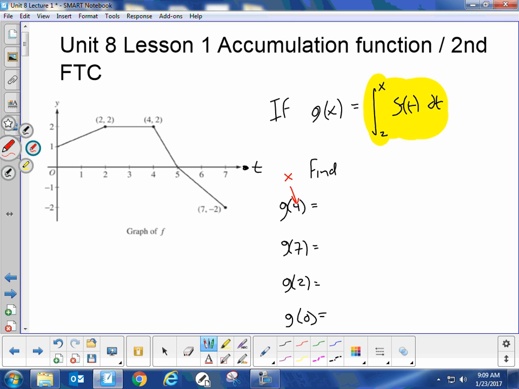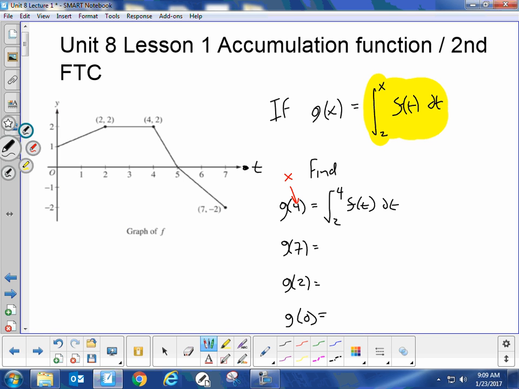So you will be replacing x with 4. So this question, what is g of 4, is the integral from 2 to 4 under f. And this is why we have t's here, because if I had x's here, I'd have to plug in 4 for x. But I don't. Since I have t's, I just plug it in to the integral, nowhere else.